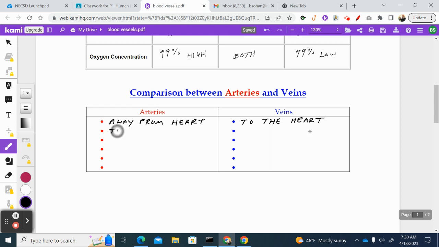Thick wall. Thinner wall. Small lumen. Large lumen.